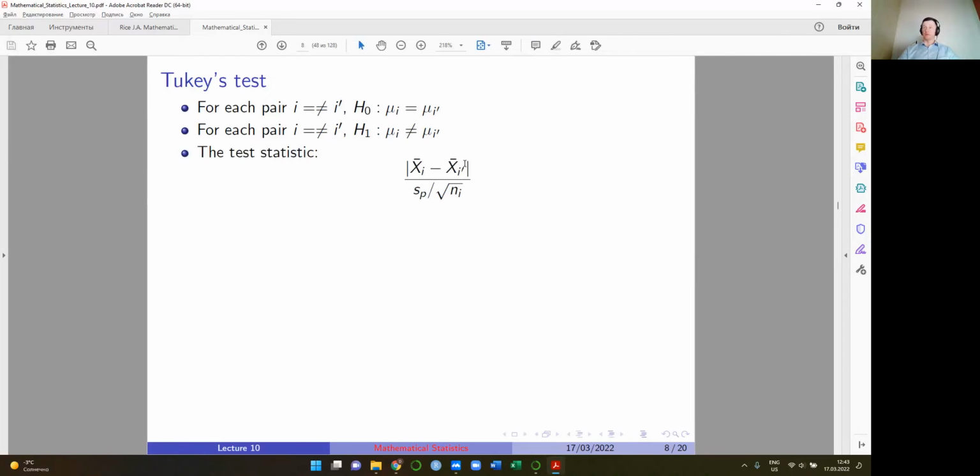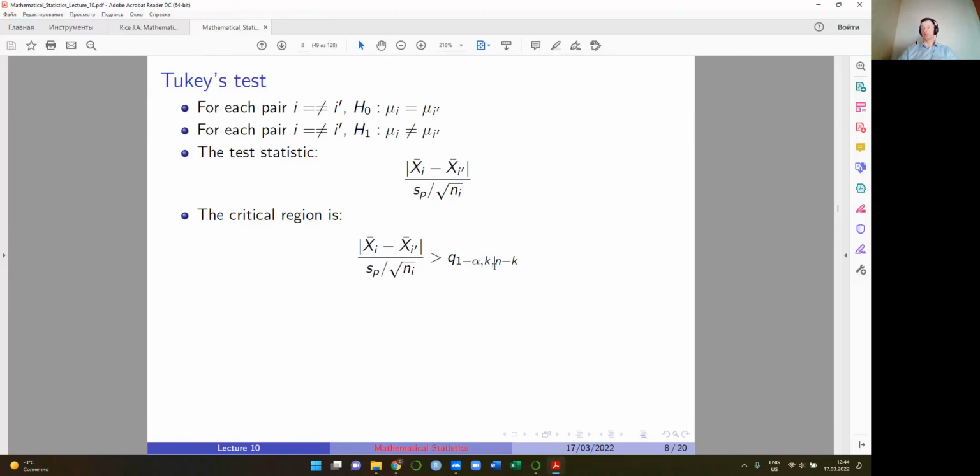The test statistic is defined, and the critical region is the following. Since this test statistic is a positive value, it must fall into the right tail of the distribution. So therefore we take only the upper quantile of this test statistic: 1 minus alpha, k is the first parameter, n minus k is the second parameter.